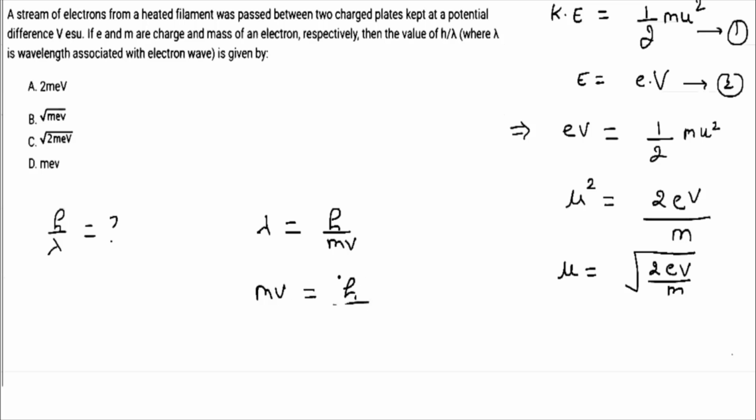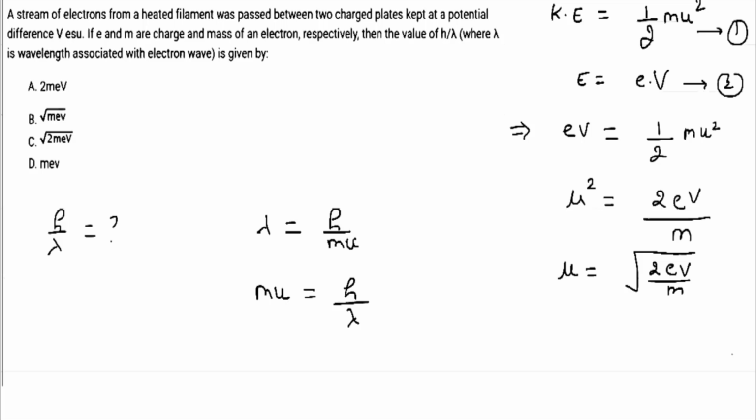Since we have taken the velocity of the electron as u, it is mu that becomes h by lambda. So if I want to find h by lambda, we just have to calculate the value of mu, because it is equal to h by lambda. Automatically the value of h by lambda will be calculated.